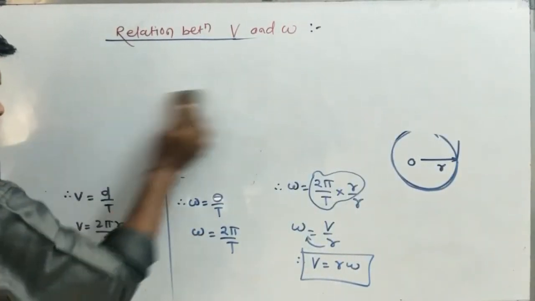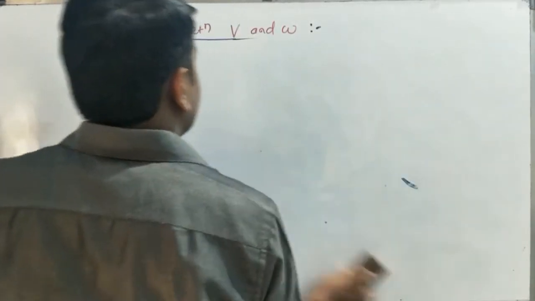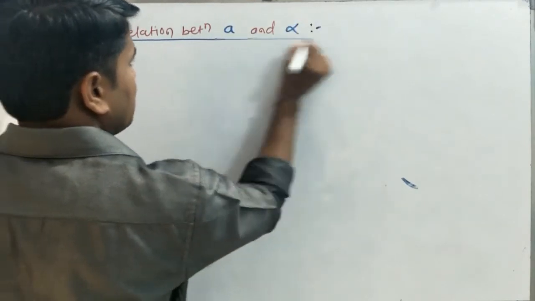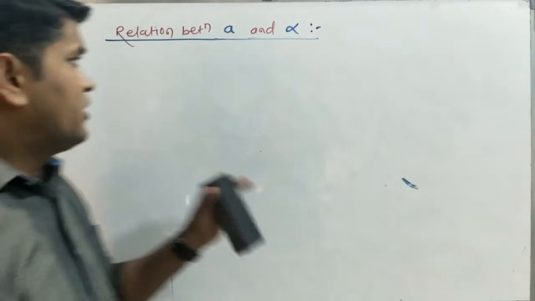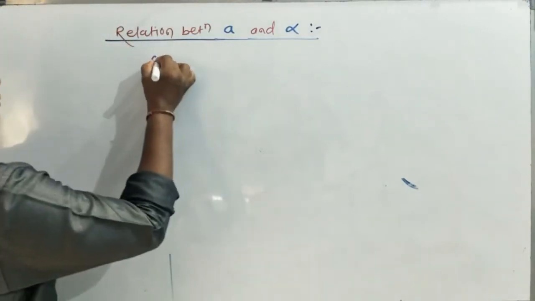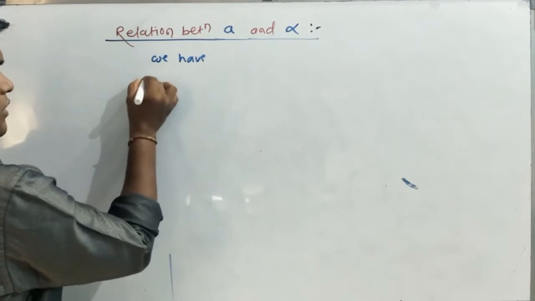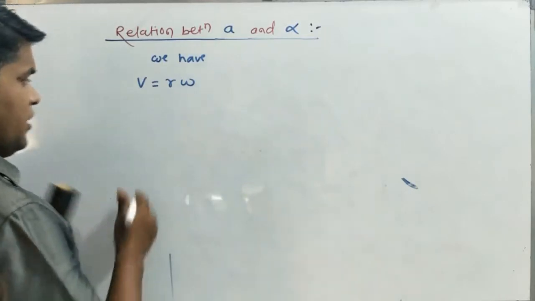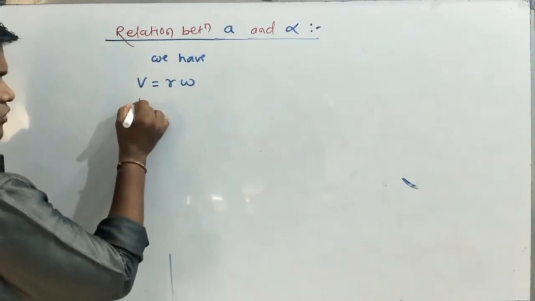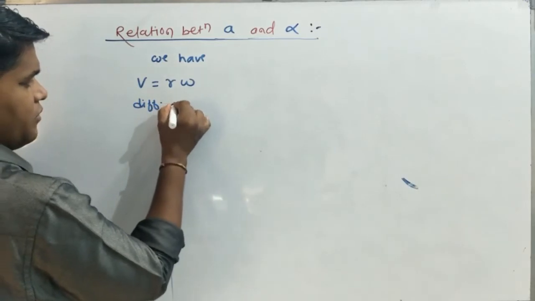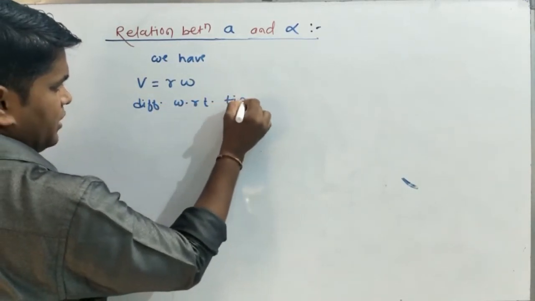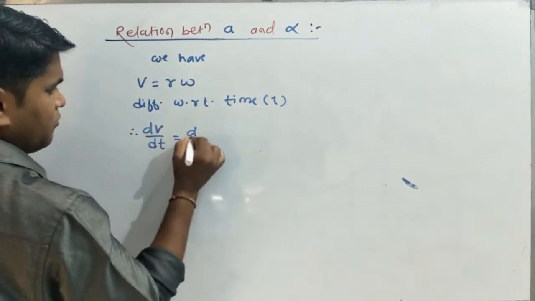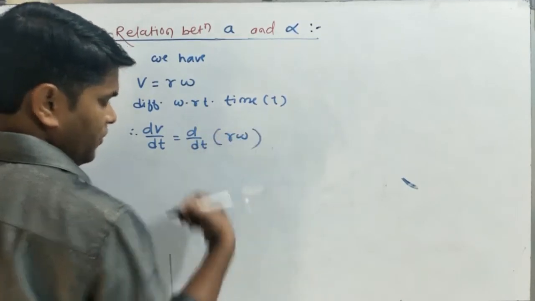Now we have to find the relation between linear acceleration and angular acceleration. We have the relation between linear velocity and angular velocity, v is equal to r omega. If we differentiate with respect to time t, we get dv upon dt equal to d by dt of r omega.